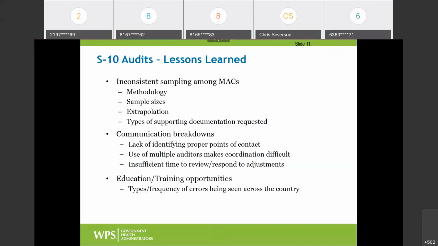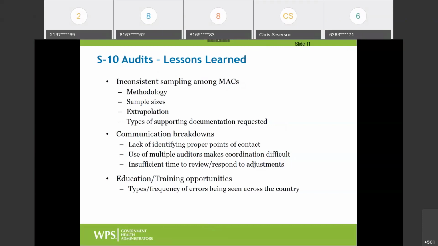The last theme here that I wanted to talk about was education and training opportunities. A lot of times this is brought up during the exit conference. One of the things that we had brought up frequently is, knowing what types of errors and issues are coming up around the country would be helpful to providers, so that we can tailor some training around that and put more of a focus on those pieces to avoid those types of adjustments and errors in the future.